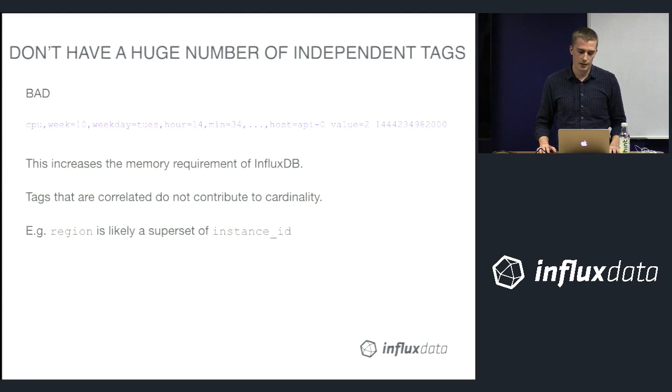So if you've got a bunch of different keys pointing to different data, and every point has a different combination of those tag values, that can also explode the cardinality of your database and increase the amount of memory in store.